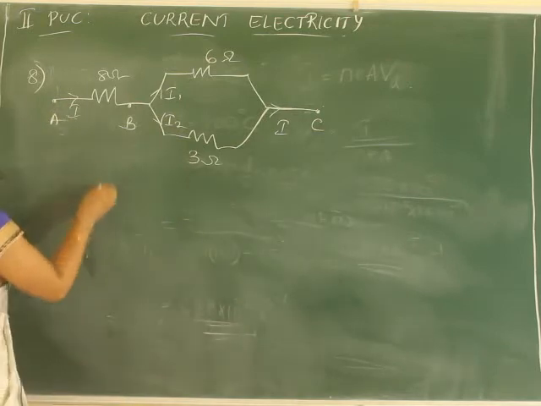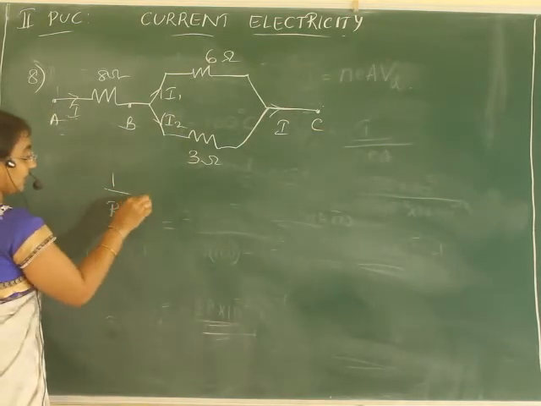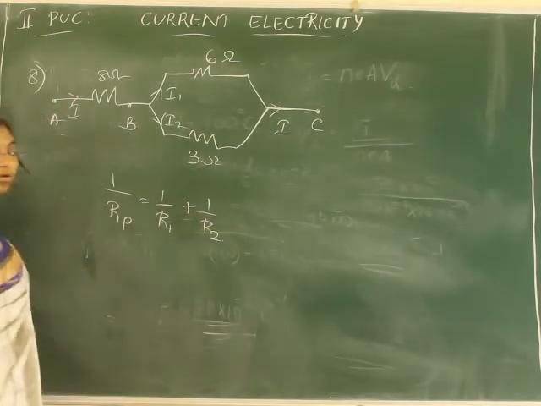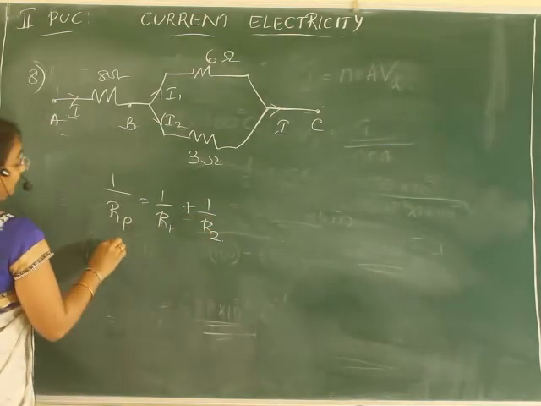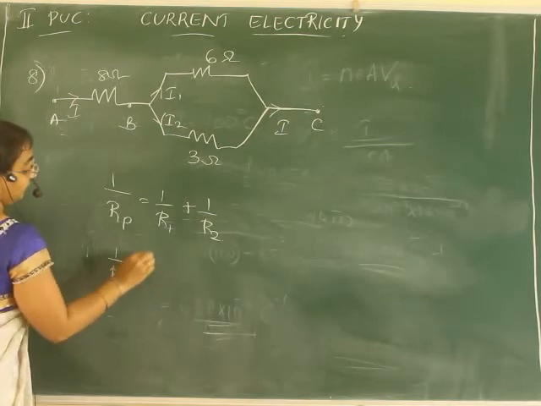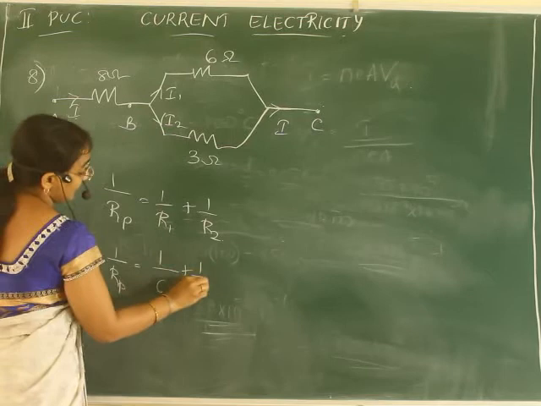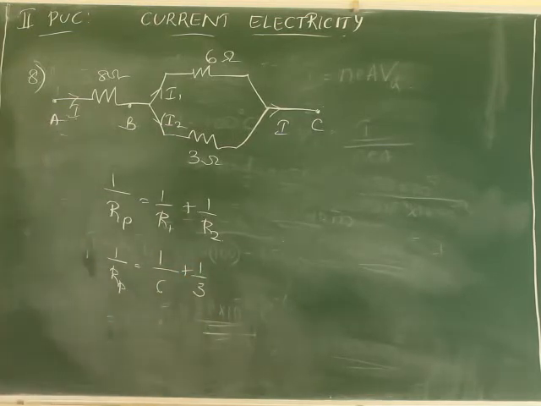What is the formula to calculate parallel? 1 by Rp is equal to 1 by R1 plus 1 by R2. Correct? 1 by Rp is equal to 1 by 6 plus 1 by 3. Calculate.